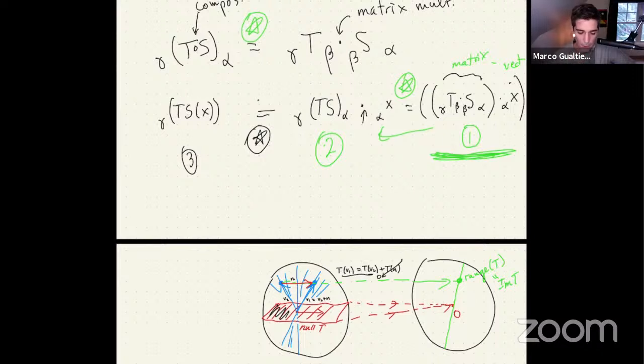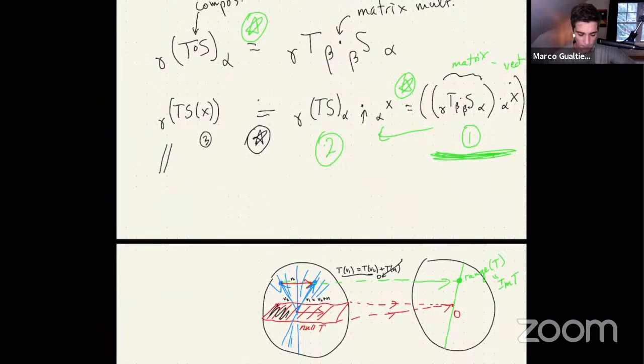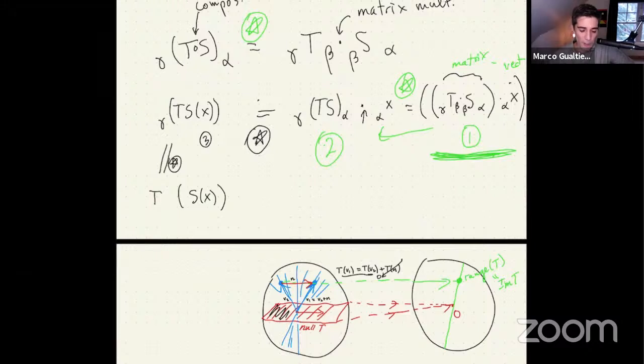And here I can expand this out. So this is T, using the star again, but in a different way. I'm using associativity of the composition. And then I can expand this out.